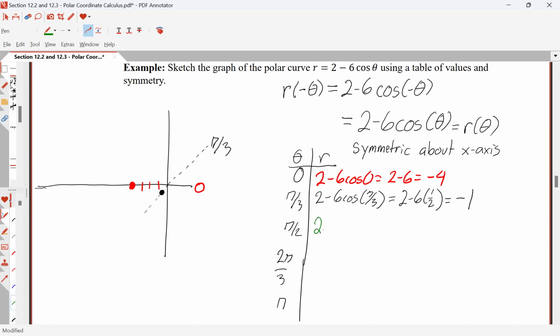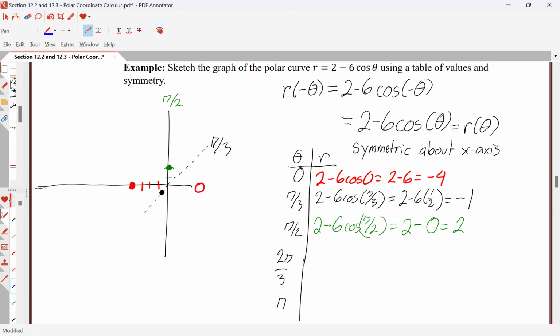When we have pi over 2, we'll have 2 minus 6 cosine of pi over 2, which is, cosine of pi over 2 is 0. 6 times 0 is 0. 2 minus 0 is 2. So at our angle of pi over 2, we have a radius of 2.